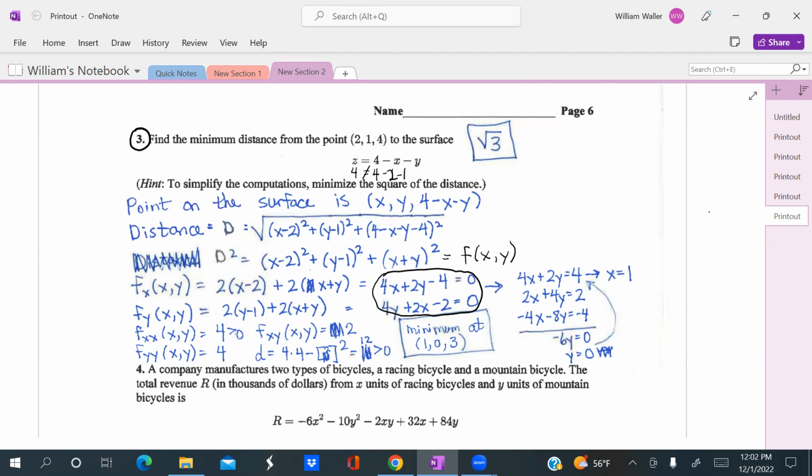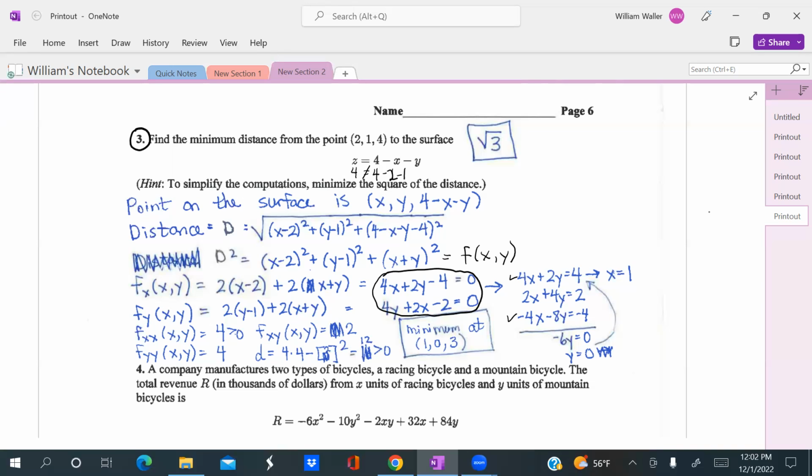And then I noticed that if I take the second equation and multiply both sides by minus 2, that would give me minus 4x minus 8y equals minus 4. Now, the reason I multiplied that second equation by minus 2 is that I'm going to add this equation and this equation together, and the x terms will drop out.